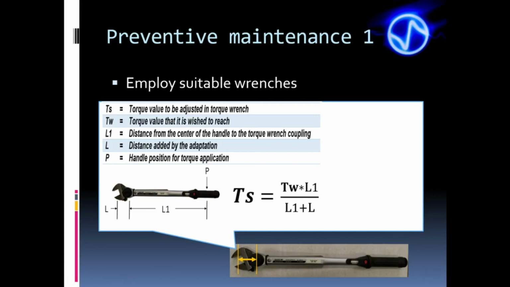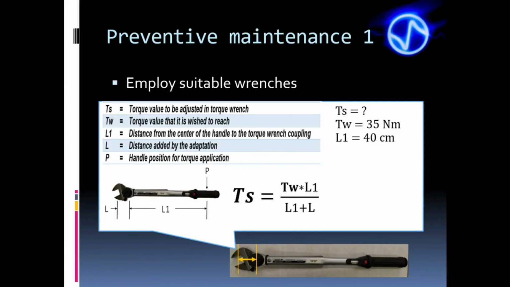To make it clear, let's apply the formula in a practical example. Imagine that you are going to assemble a 20 kHz stack. We saw previously that the suitable torque to be applied is 35 Nm. In addition, for the torque wrench in the example, the distance between the handle and the center of the torque wrench coupling, that is L1, is 40 cm.